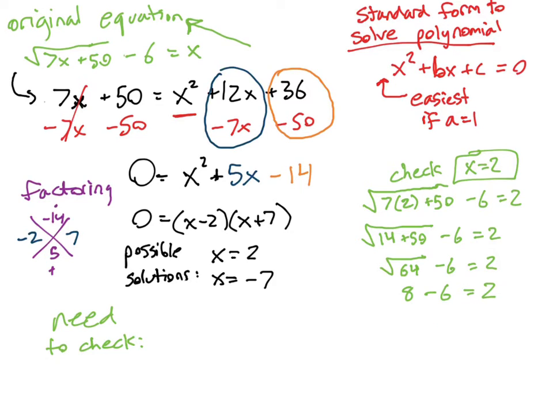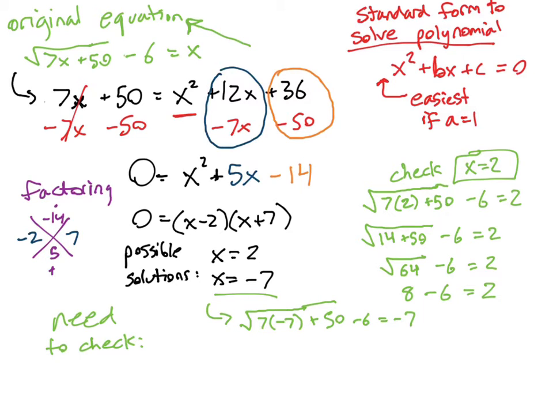We also need to check our other possible solution, x equals -7. So if we plug that into our original equation, replacing the x with -7, here's how that would look.